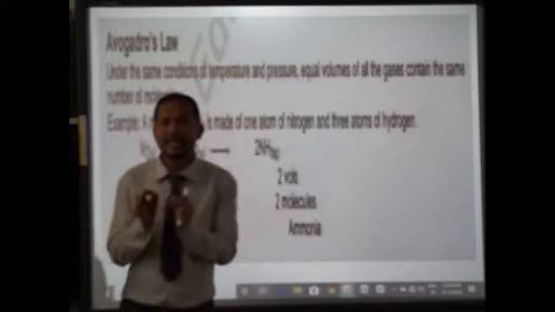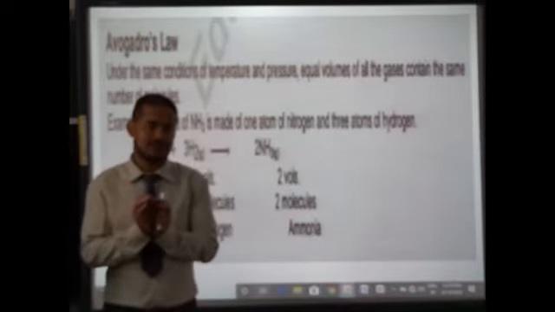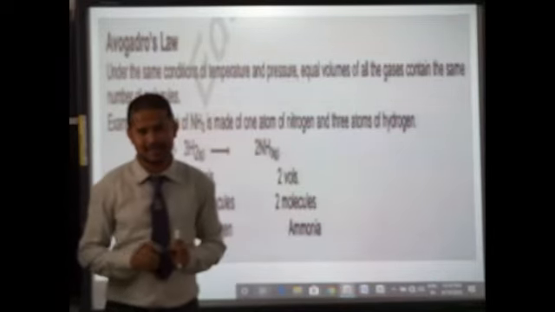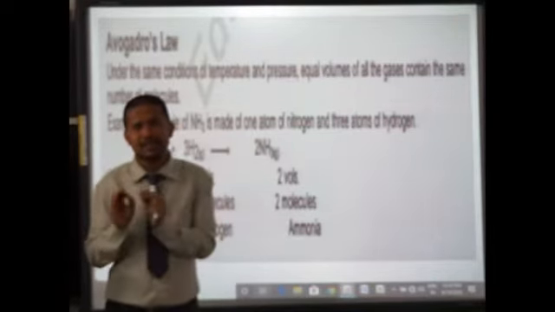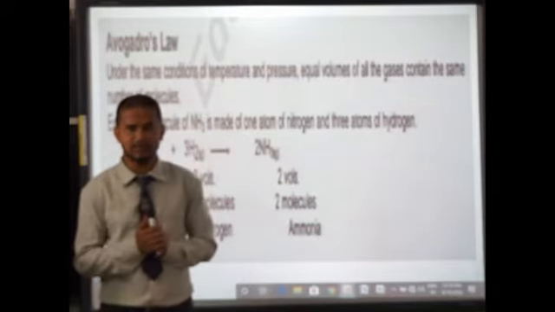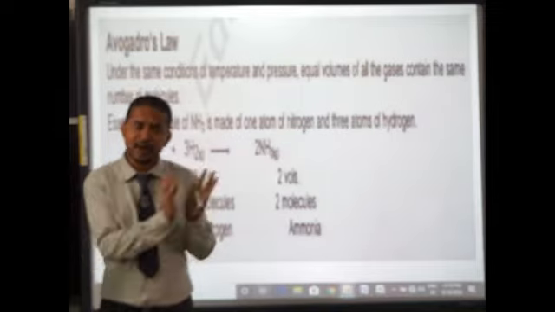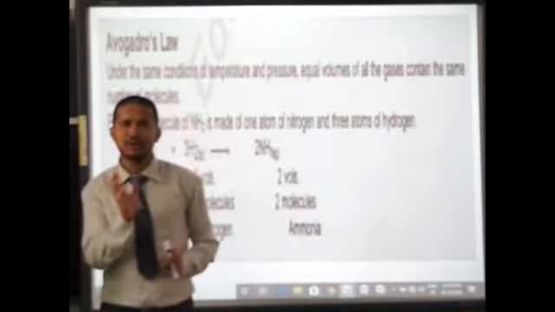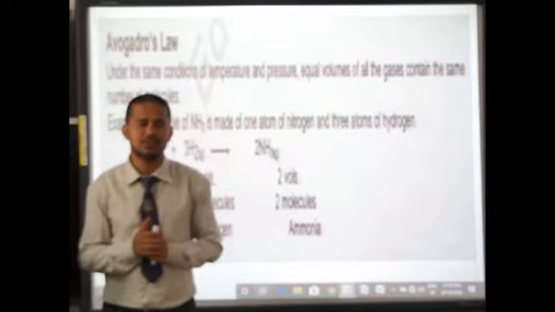Another thing, Gay-Lussac's law is applicable for gases only, not for solids and liquids. That means, on the basis of Gay-Lussac's law, volume of solid and liquid is considered 0.